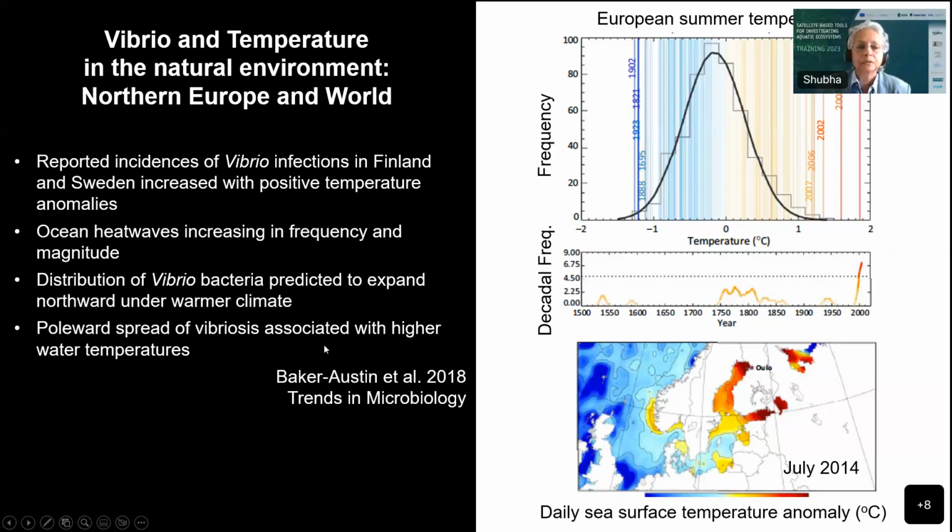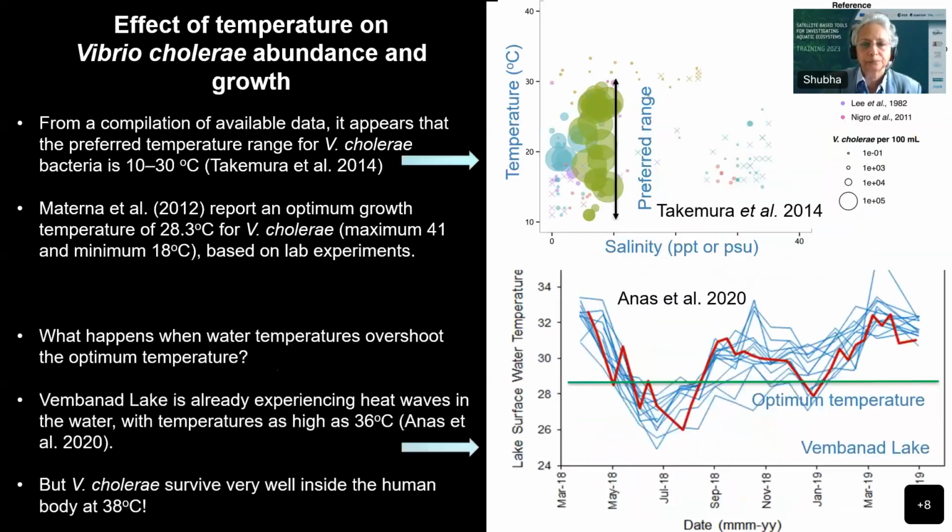So based on these analyses, one expects that vibriosis associated with these pathogens is likely to spread northwards with higher water temperatures.